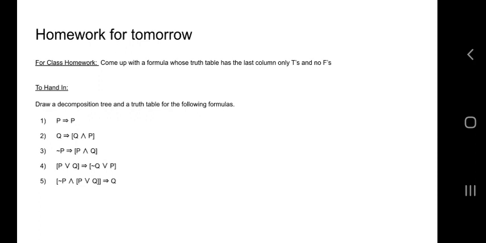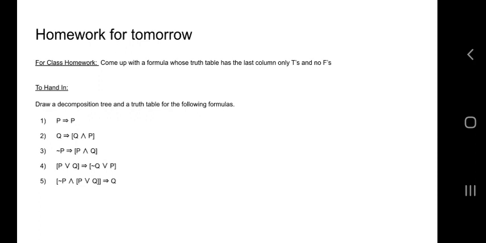There are so many examples of formulas like this, and you just have to come up with one. You don't have to show the truth table, but you could also draw the truth table if it helps you.